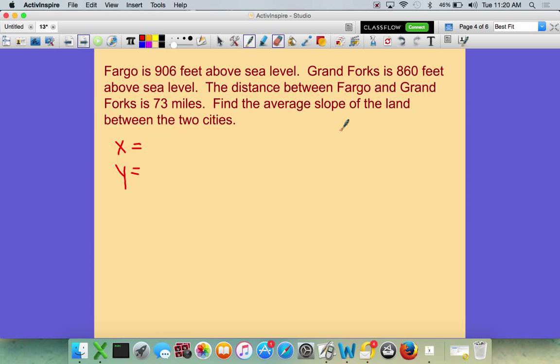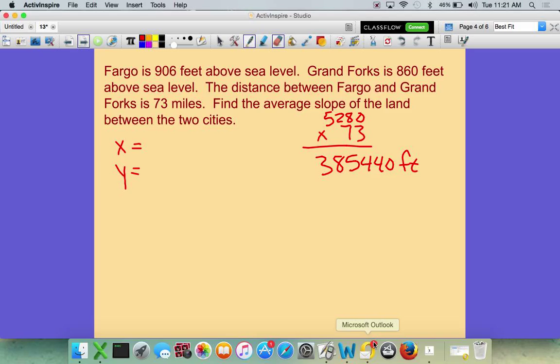Well, we're going to have to take 73 miles times 5,280 feet in that mile. So we multiply that out, and we're going to get a big number here. 5,280 times 73 miles is 385,440 feet.